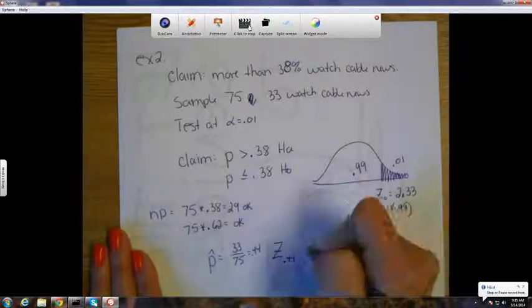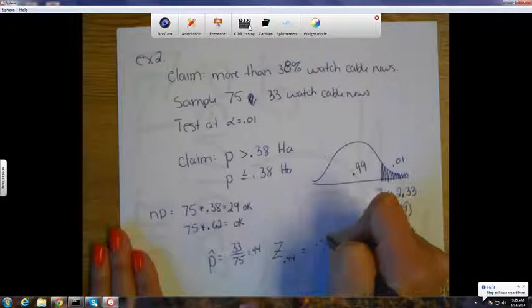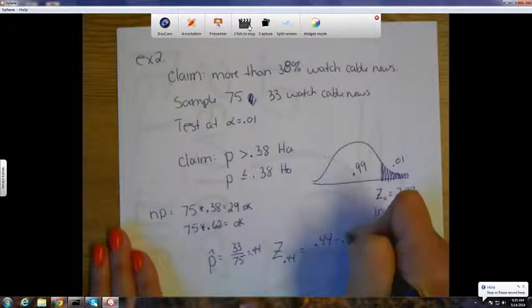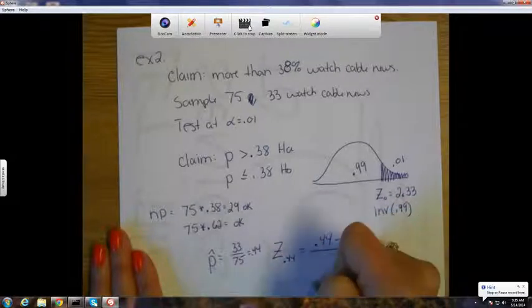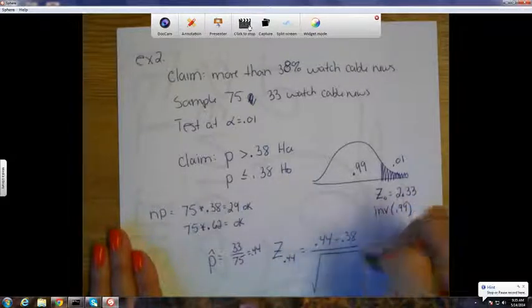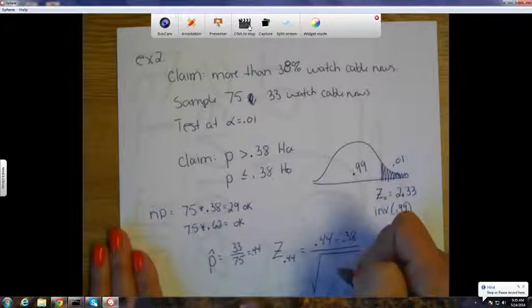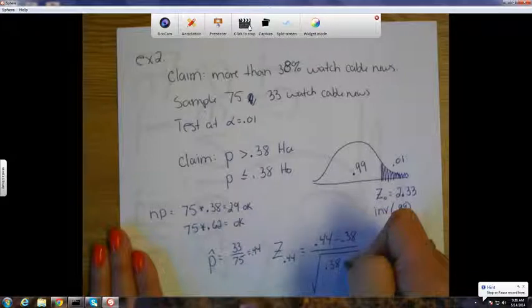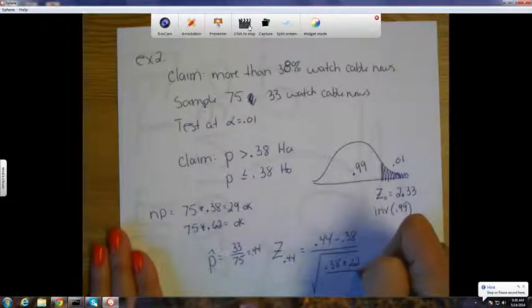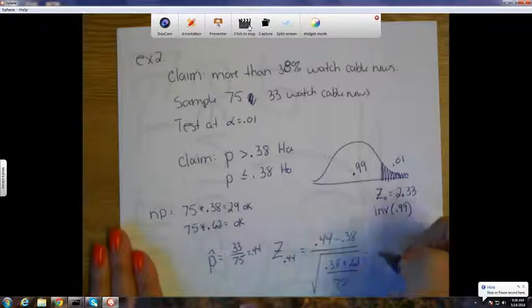So the z-score for 0.44, square root of p times q. Make sure you use p and not p hat. That's 0.38 and 0.62. Sample size 75. Calculator work.